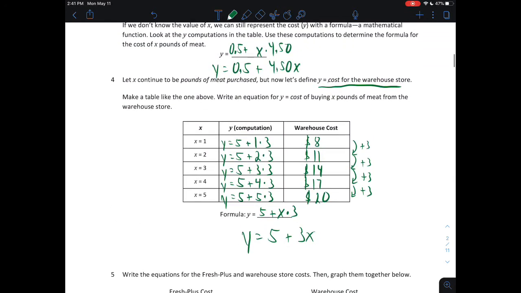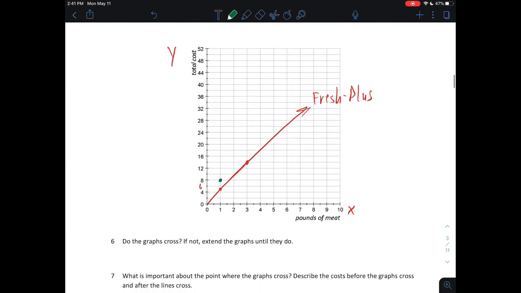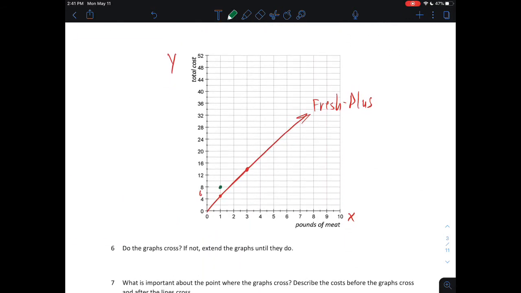And then I'm also going to use x equals 3 because that gives me another even number. Sometimes easier to use the even numbers. And, oh, look at that. When x is equal to 3 from the warehouse, it's $14 also. Interesting. And then I'll draw a line that connects those two dots.